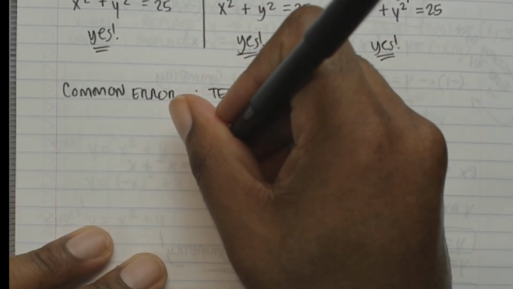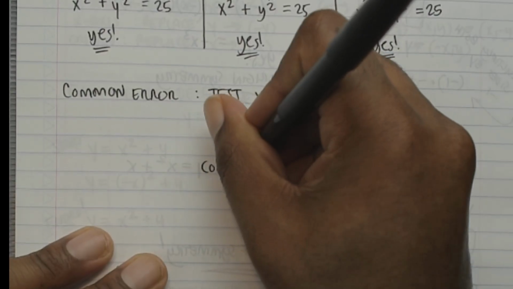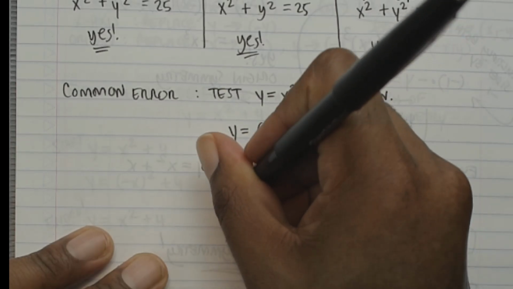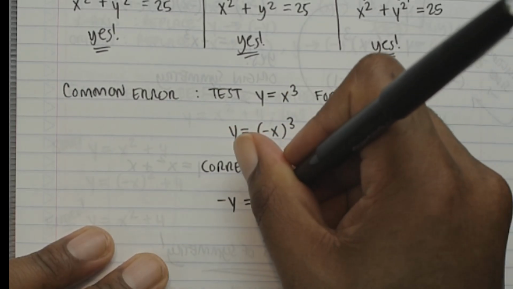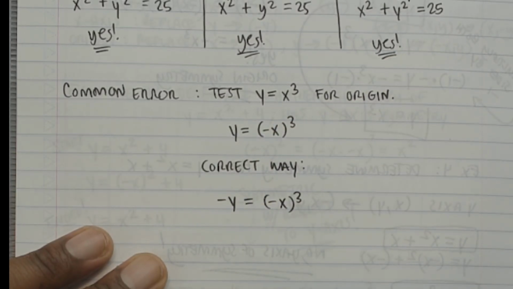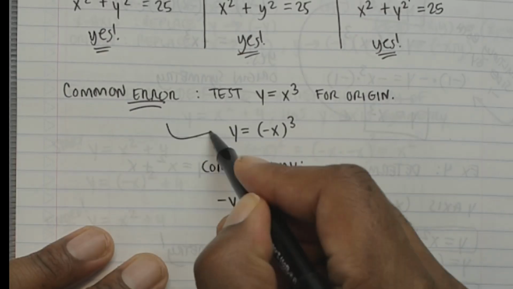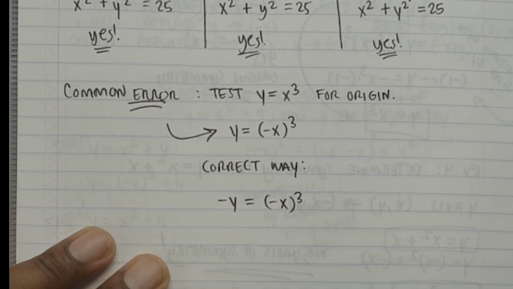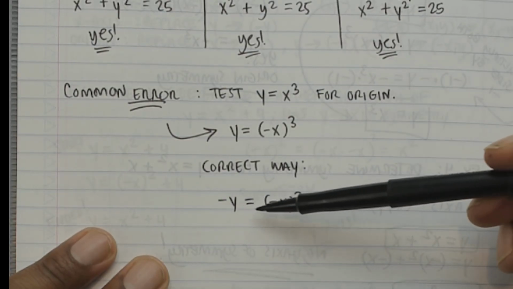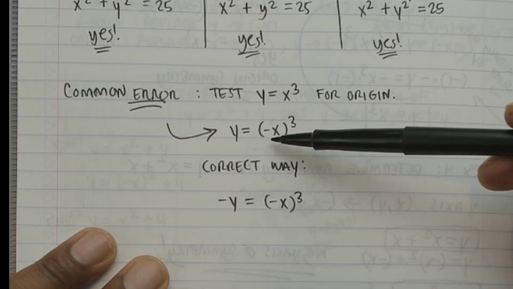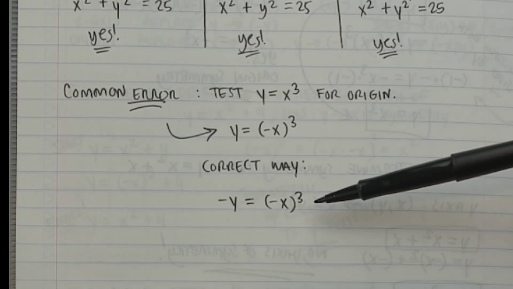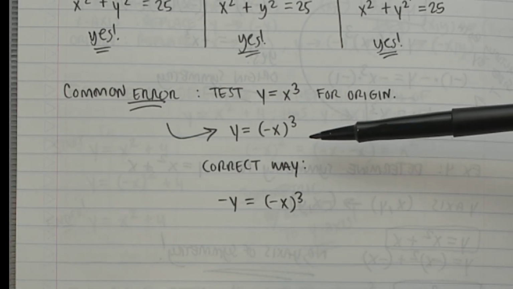So the correct thing to do is to replace y and x. Okay, so this is a common error. All right, so be careful. If you're testing for the origin, you have to do both and not just one. So the correct substitution would look like this. The incorrect substitution would look like this.